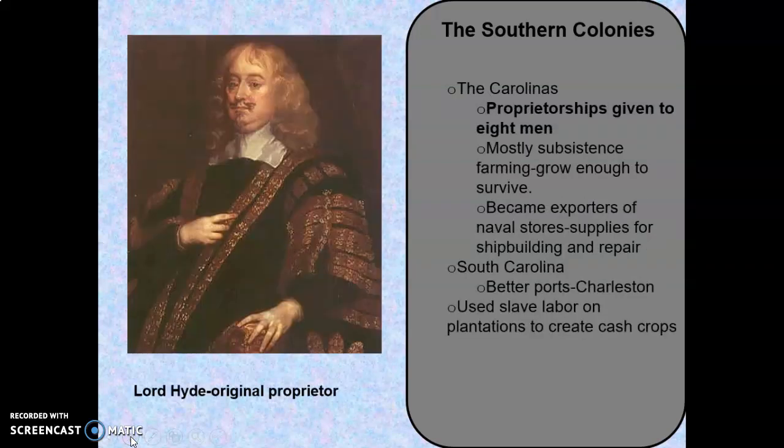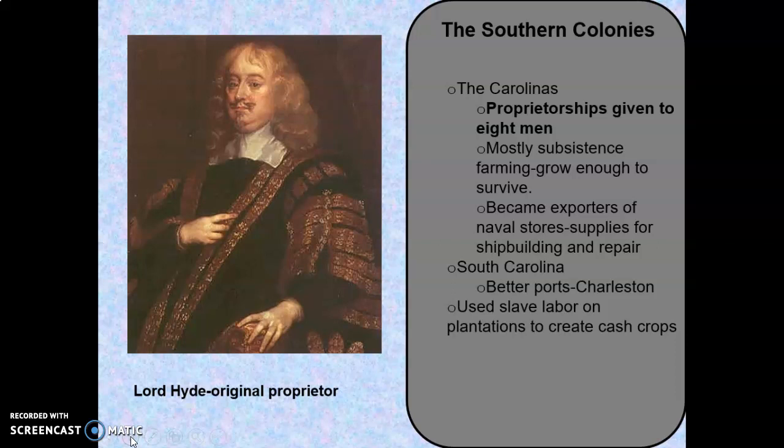So Southern colonies, basically, the picture over there is Lord Hyde. He's the original proprietor of the Carolinas, and the Carolinas were given to 8 men, mostly for subsistence farming, growing enough to survive. This area became major exporters of naval stores, supplies for shipbuilding and repair.